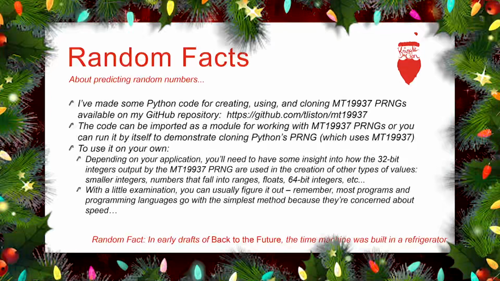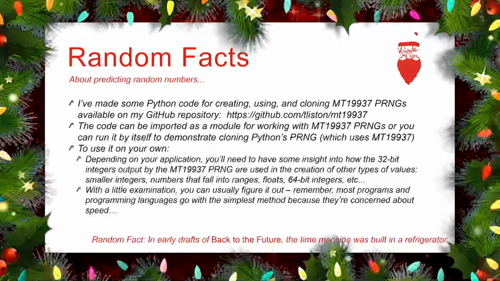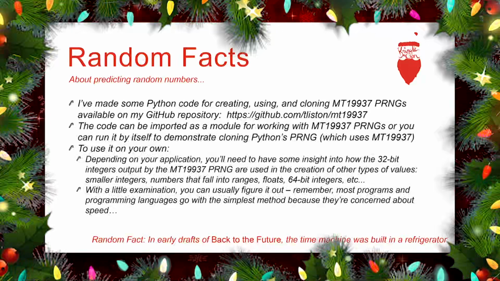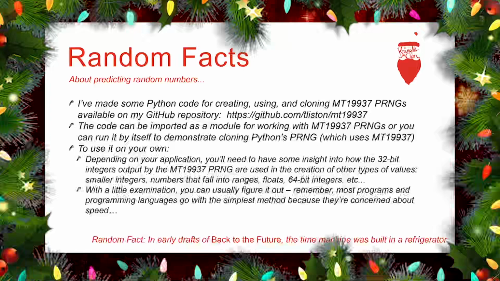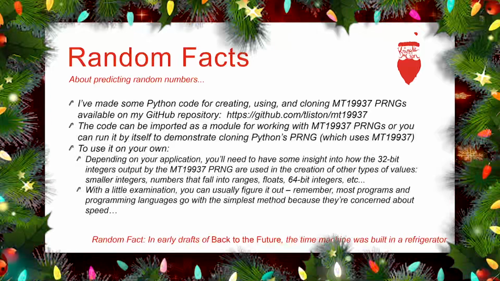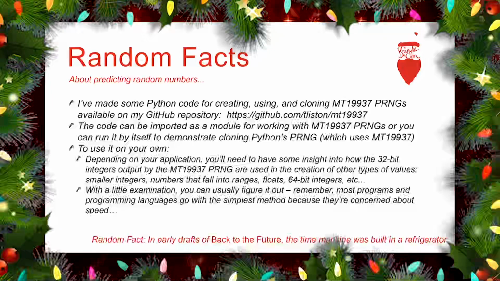the 32-bit version. If you want to use it on your own and try to clone a random number generator in Python or in other languages, understand this. What you're going to need to figure out is how does that language or that application create other types of values.